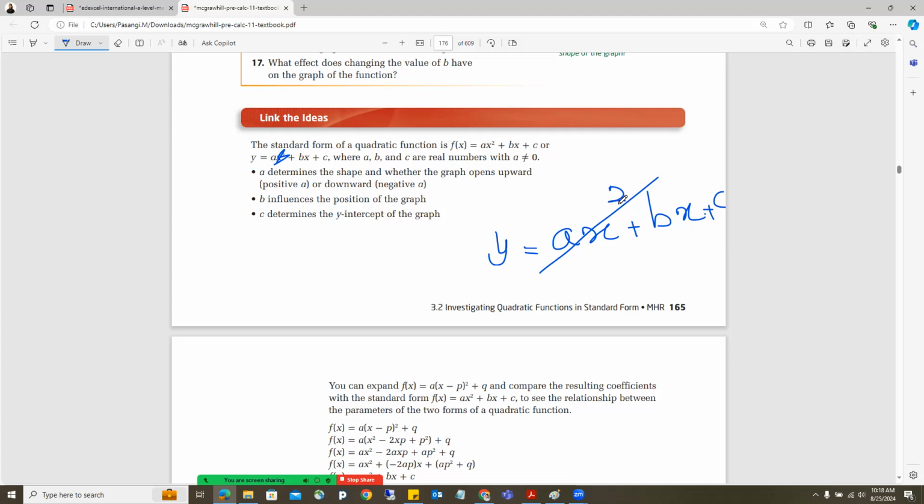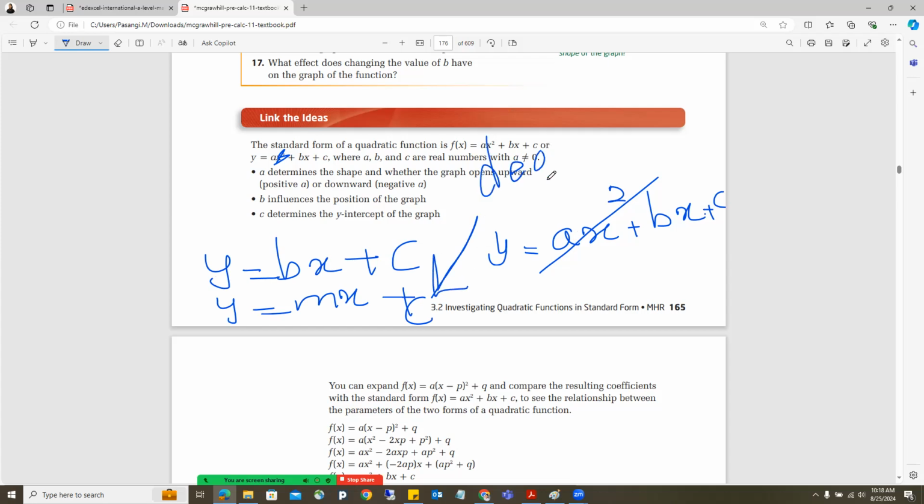Okay, is it clear? If this bx plus c is like mx plus c, then y is equal to bx plus c. This is actually a y equals mx plus c type of equation. Here this is a polynomial with degree 1, that is a line, not a quadratic function.